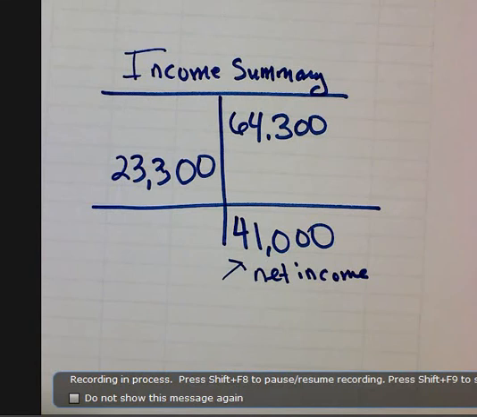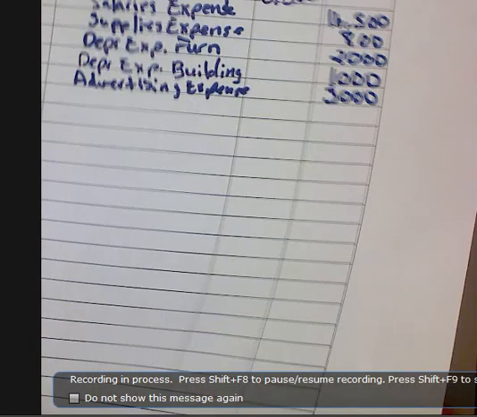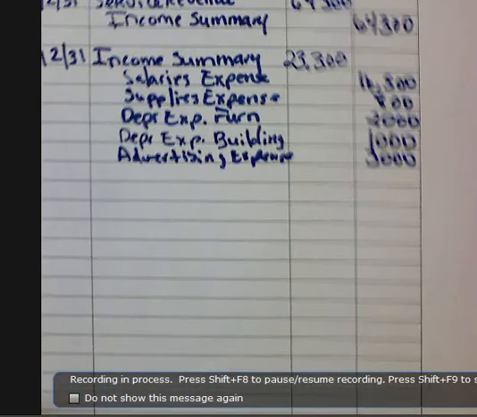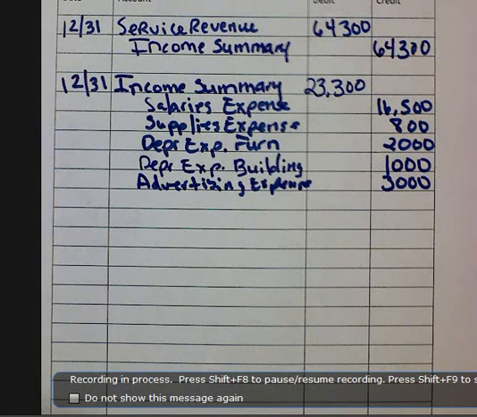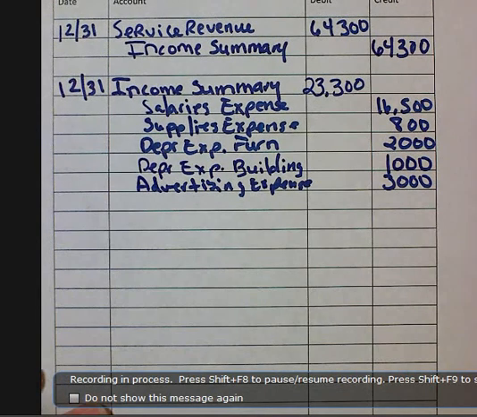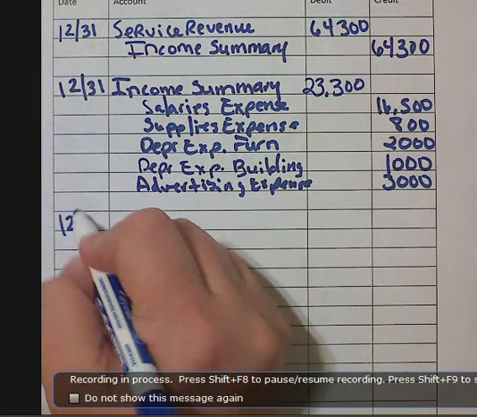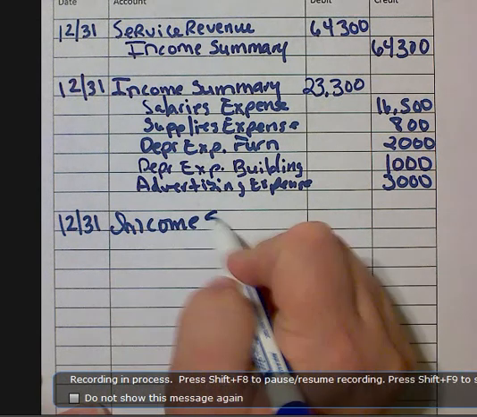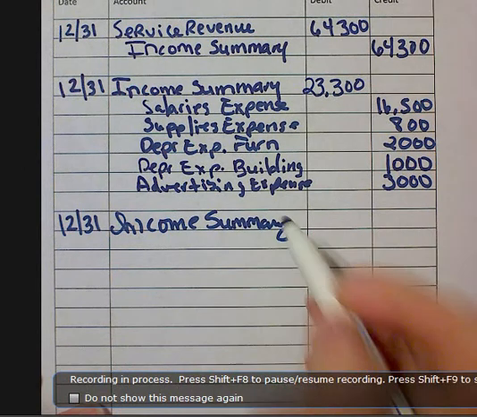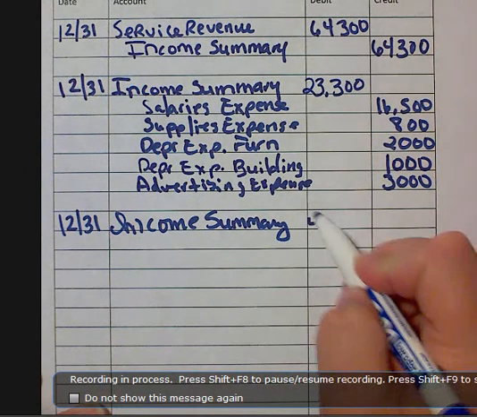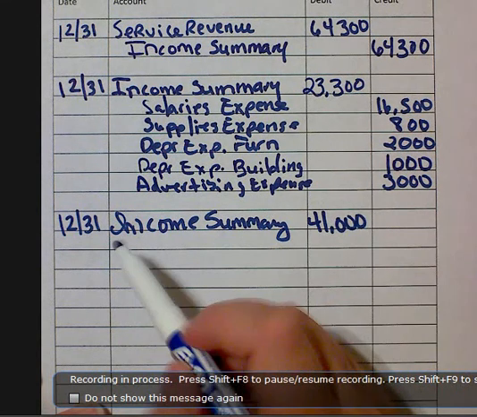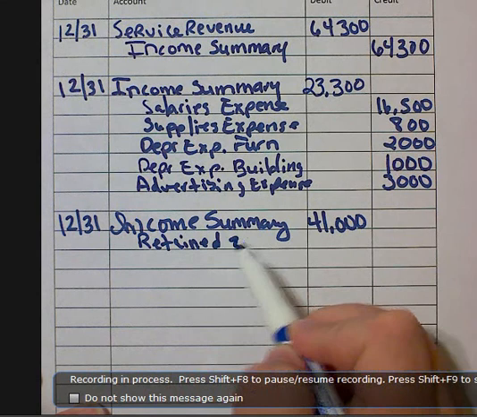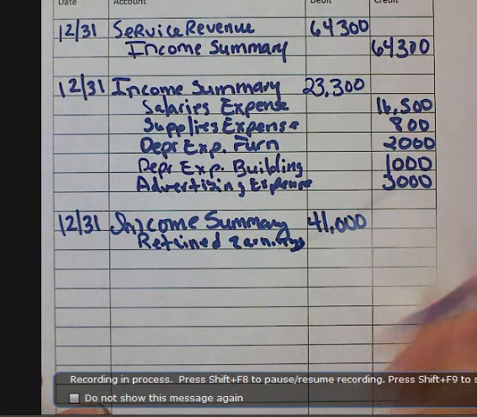So if we go back to our entries, on 12/31, I'm going to debit income summary for $41,000, and I'm going to credit retained earnings for $41,000.